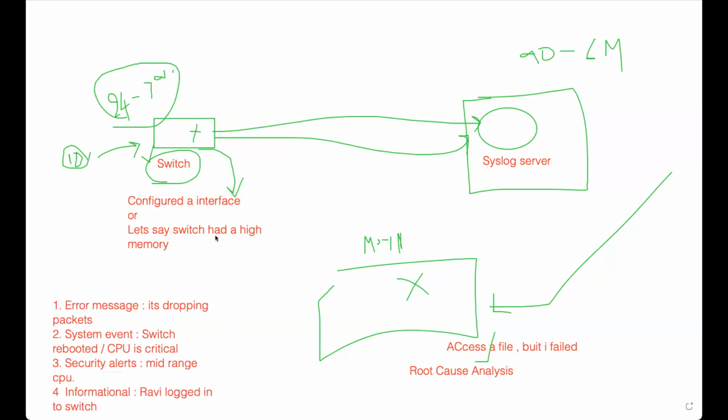So there are different types of messages, right? These messages will all be sent to the Syslog server, and they will be categorized at different levels. So you can see error messages, system events, security alerts, or informational messages. So there are different categories.